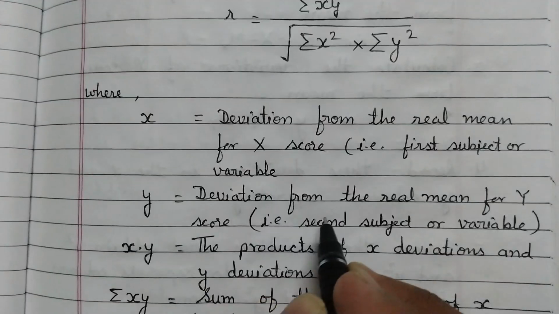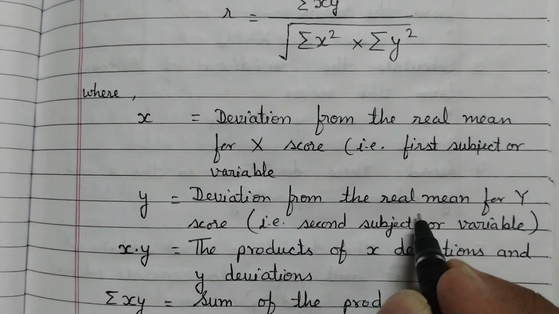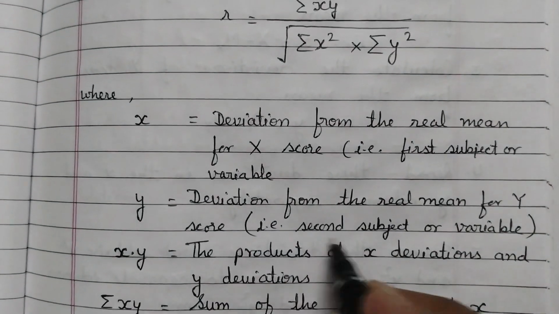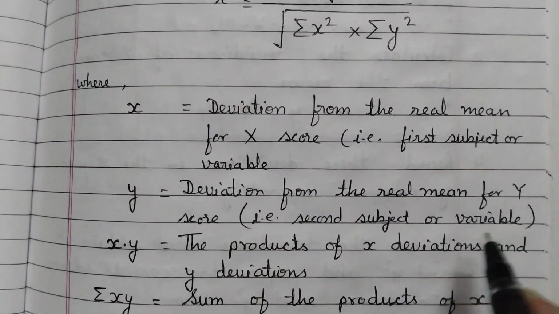Similarly, y is the deviation from the real mean for score y, that is the second variable.